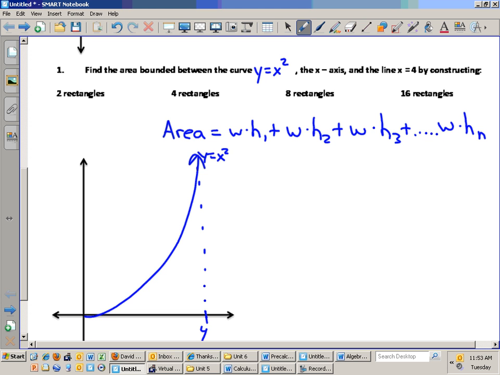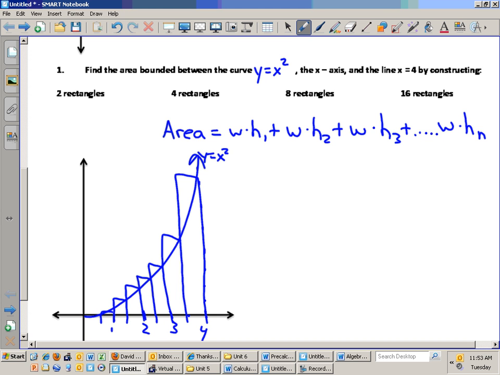We want to find this area, and again, we drew a number of rectangles, and we went all the way up to 8, which means that we cut each of these in half. We had this type of shape, right? What did we come up with for the area for two rectangles?